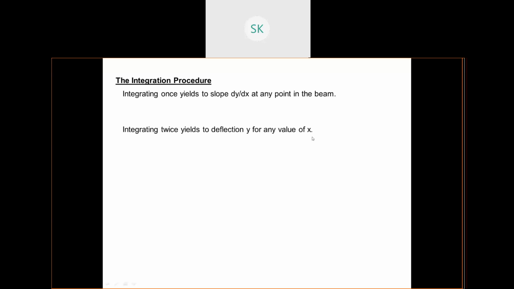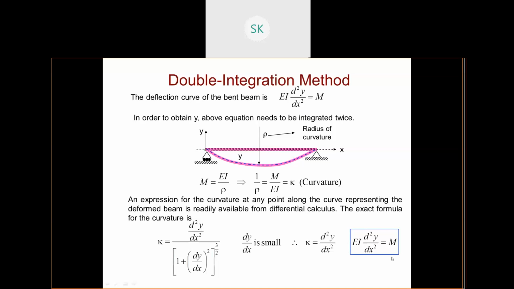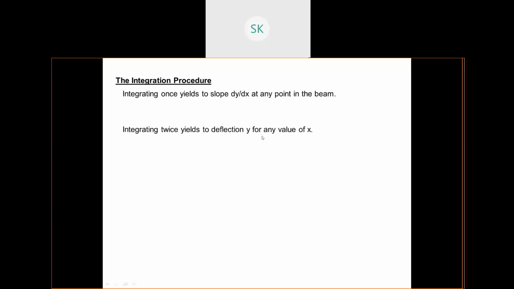If this is the bending equation, remember EI d square y by dx square equals M, and this equation has been partially derived from the bending equations we have discussed earlier. If you integrate once, you will get the slope at any point in the beam, and if you integrate twice, you will get the deflection at any value of x.